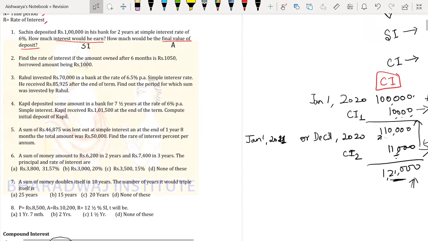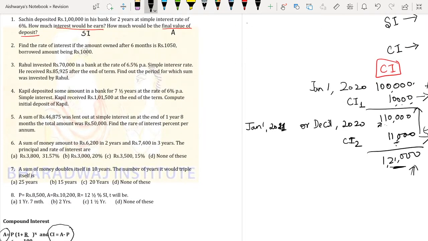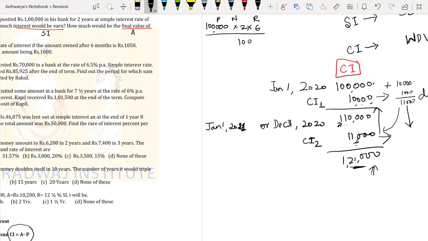You can use your calculator straight away. 1 lakh into N, which is 2 years, into R, which is 6%. Written as a percentage, it becomes 6 by 100. This will give you your SI value.